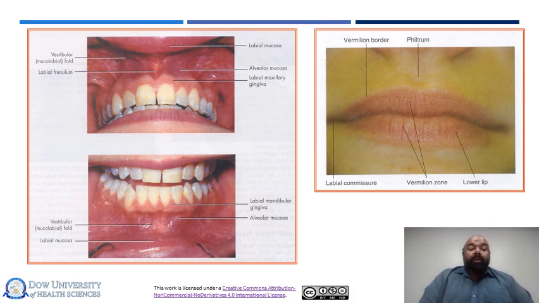First, the alveolar mucosa has an underlying submucosa and is unkeratinized, while the labial maxillary gingiva is keratinized and doesn't have an underlying submucosa. It is directly attached to the periosteum. That is why it is known as the mucoperiosteum.